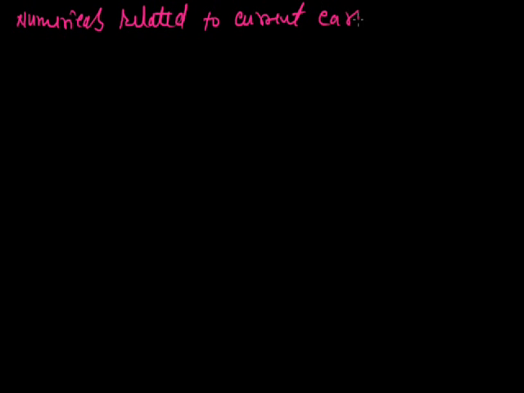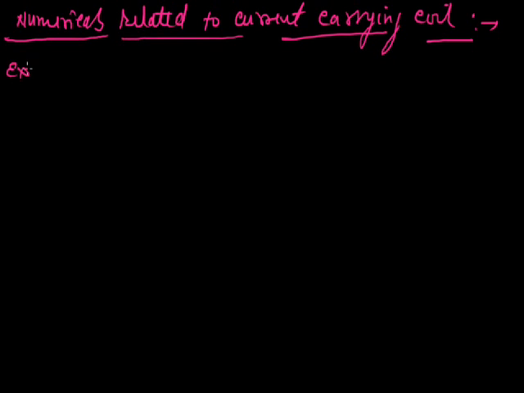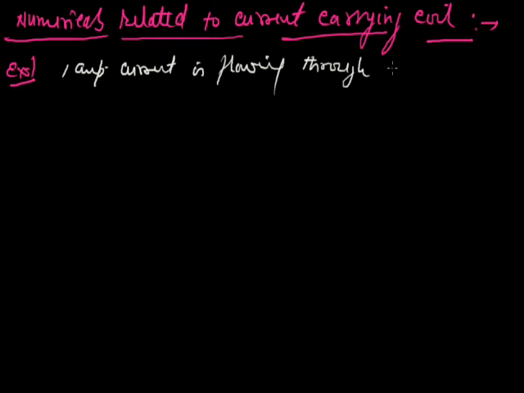Now the numericals related to current carrying coil. Example 1: 1 ampere current is flowing through a coil of 100 turns.